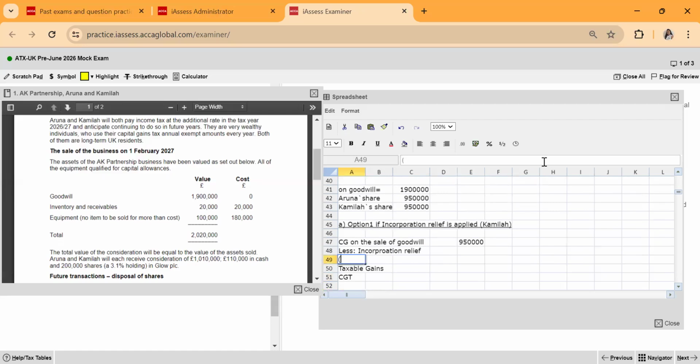We take the proportion of the proceeds received in shares divided by total consideration, because relief is only given in respect of the share consideration. So your gain is 950,000 multiplied by the share consideration, 1,000,000 less 110,000, which is 890,000, divided by 1,000,000. Just take it here and get the relief.